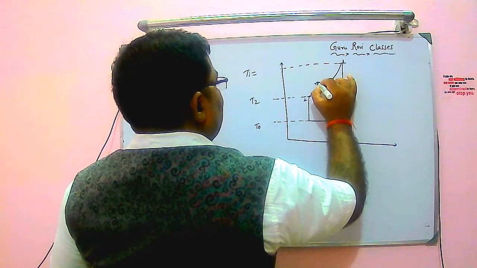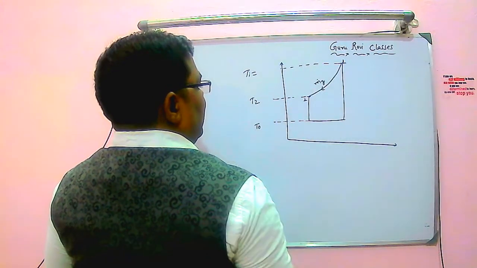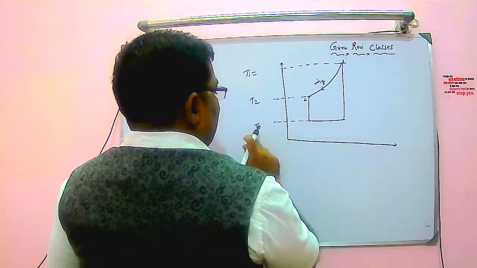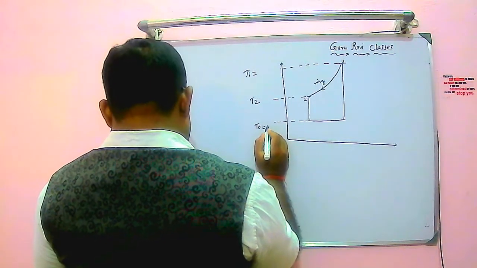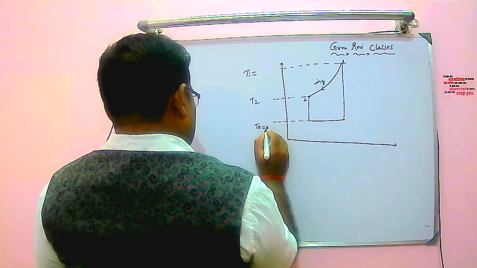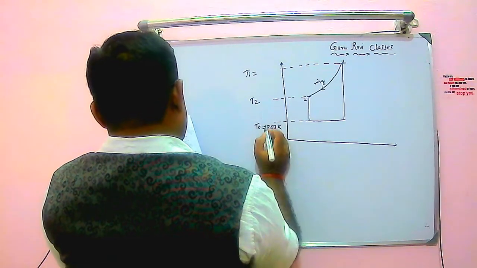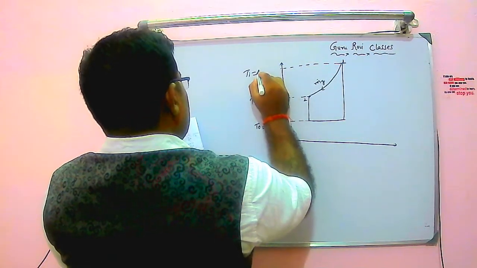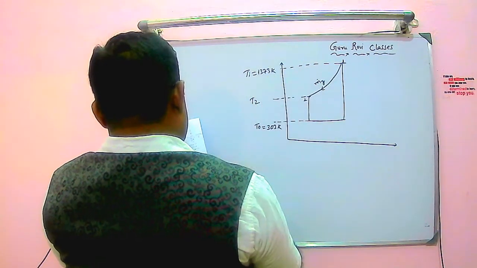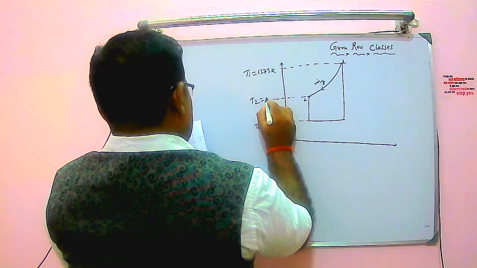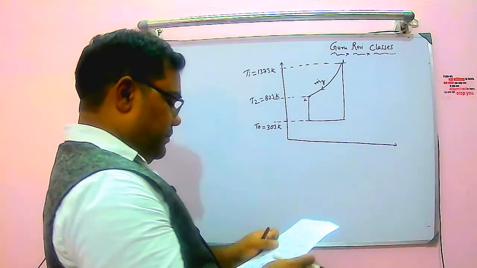So this is the mass flow rate of gas which is coming here, and this is the surrounding temperature, given around 303 Kelvin. T1 is 1373 Kelvin. T2 is 823 Kelvin.